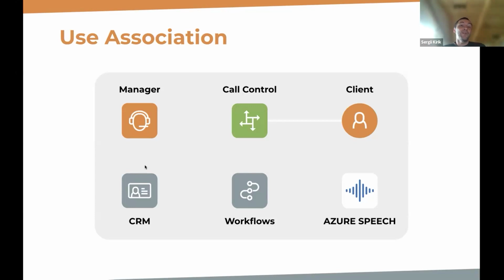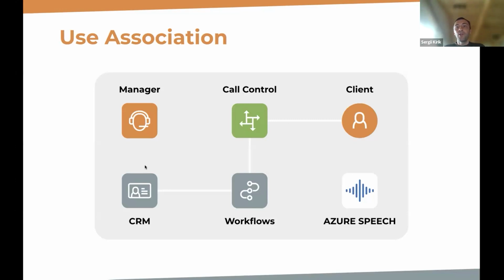And here is the most interesting part, because there is a capability in PortaSwitch to offload full control of that incoming call to the DID to PortaOne Workflows, right? And because PortaOne Workflows receives information about the call in progress in real time, and there is an incoming call coming from the client, you can make a lookup in the CRM and find this client and find that association that was already created.